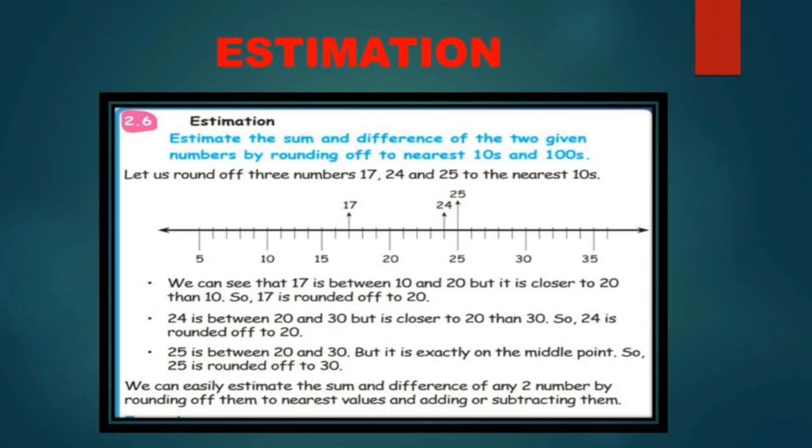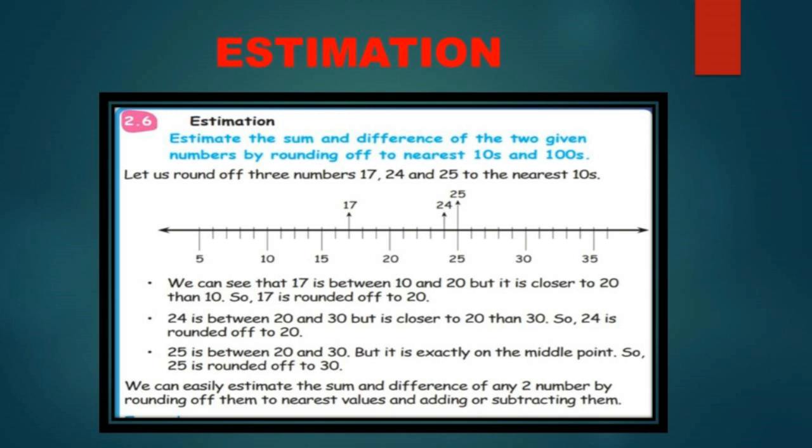The last one we are going to see is estimation. In estimation, the sum and difference of the two given numbers are found by rounding off to nearest tens and hundreds. Let us round off these three numbers, that is 17, 24 and 25 to the nearest tens.